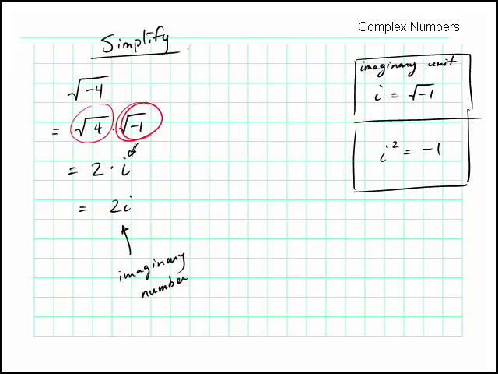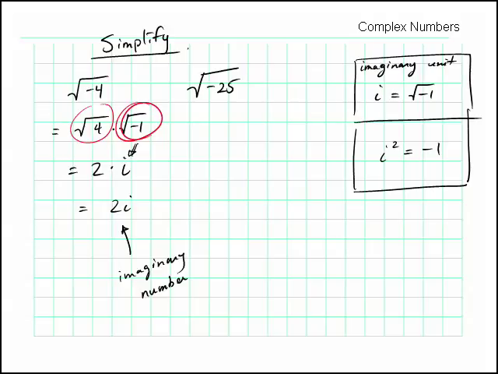There's actually lots of uses for imaginary numbers, even though the name suggests not. They're quite useful in electronics, and in our algebra class they are now going to allow us to solve equations that we couldn't have solved before.